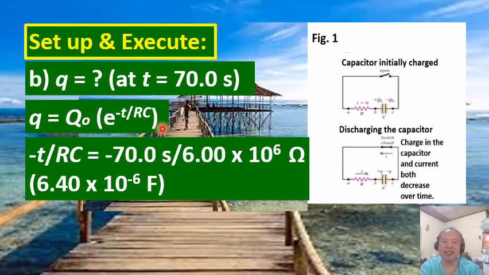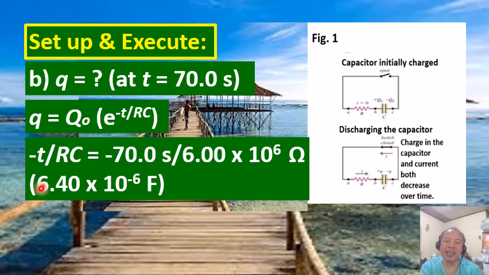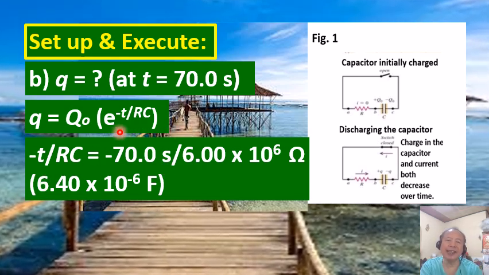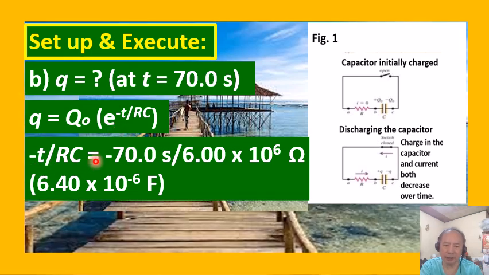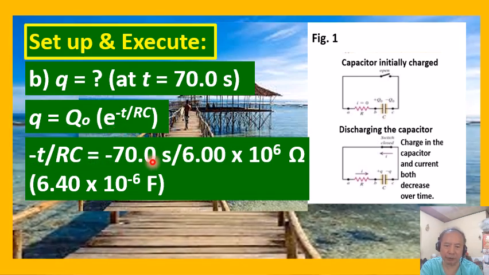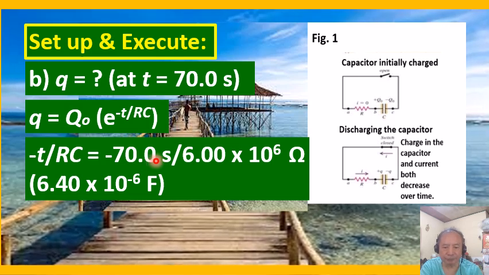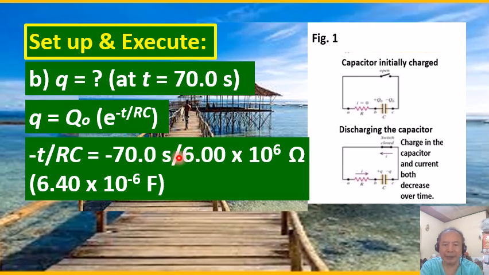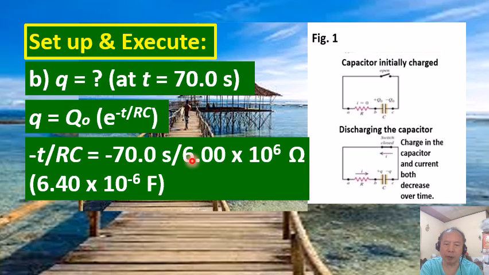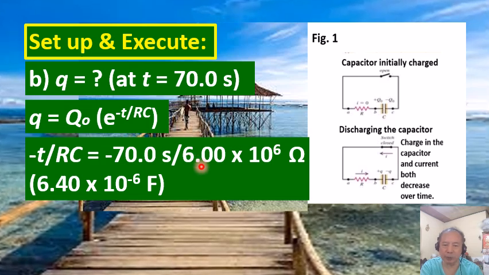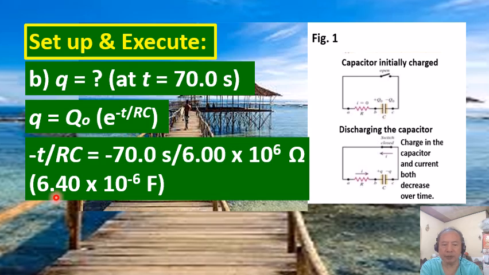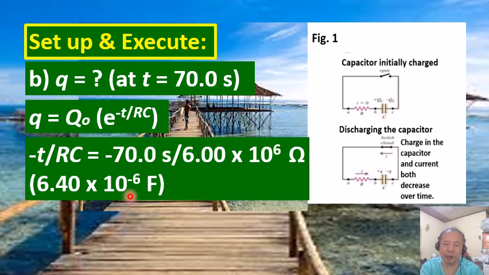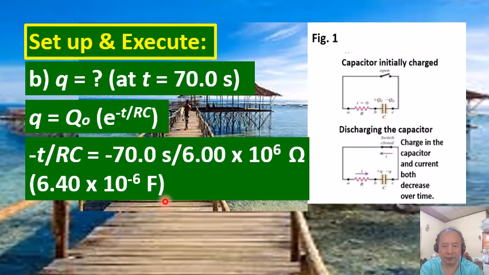Again, for simplicity, we first take the negative power of the Euler's number, negative T over RC equals negative 70.0 seconds, right? Divided by the product of R and C, or 6.00 times 10 to the 6th power ohm times 6.40 times 10 to the negative 6 farad.